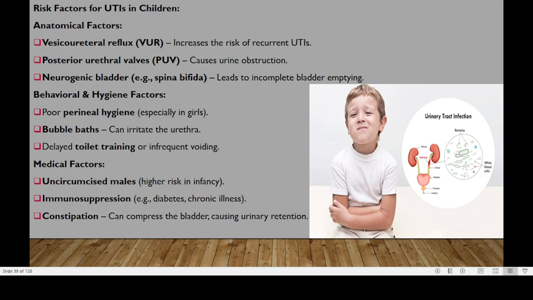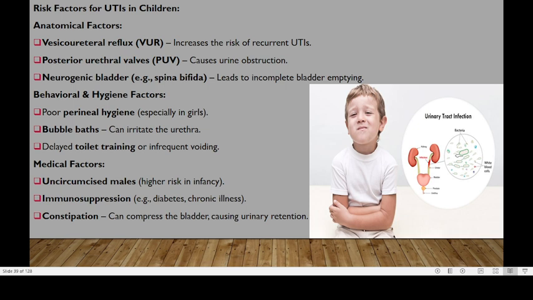We have some risk factors that predispose children to UTIs. Number one, vesicoureteral reflux, which increases the risk of recurrent UTIs, or posterior urethral valve, which causes urine obstruction. We also have neurogenic bladder, like in the case of spina bifida, which normally leads to incomplete bladder emptying.